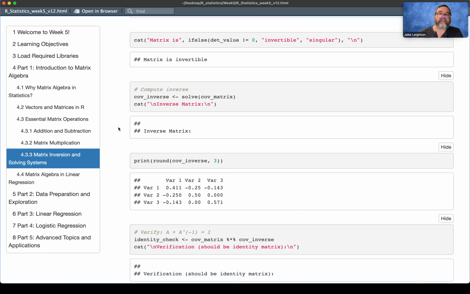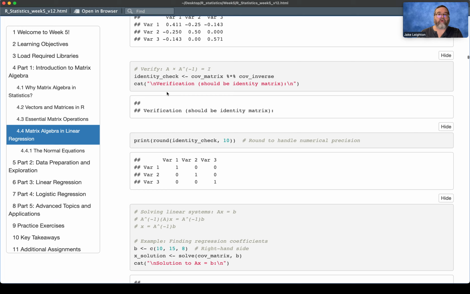How do we do an inverse matrix? Well, very simple. We have something called solve. Solve on your matrix will give you the inverse. Okay, and here we got the inverse based on our solve function. And what is important about the inverse matrix? Well, the main thing you want to get out of an inverse matrix is that if you multiply a matrix by its inverse, you get the identity matrix.